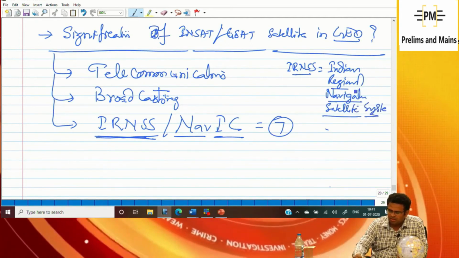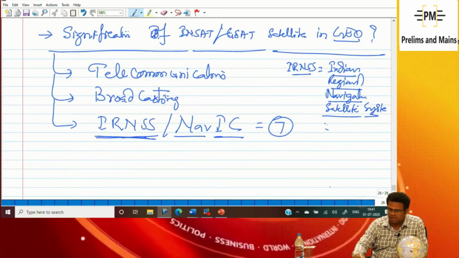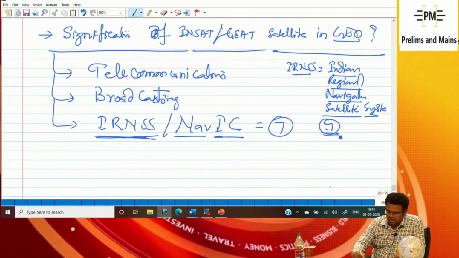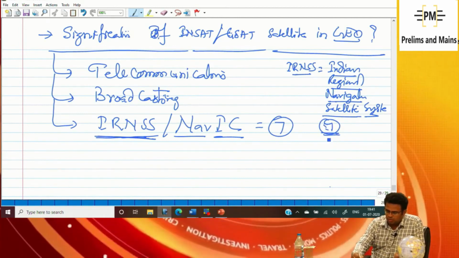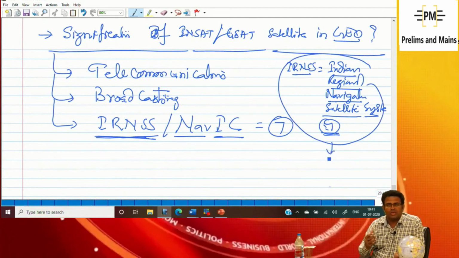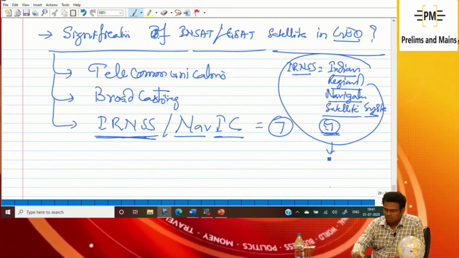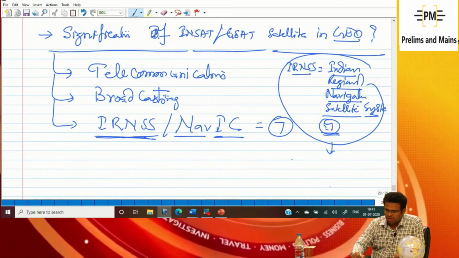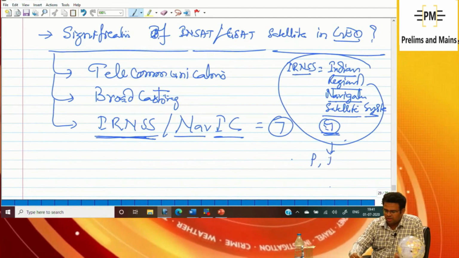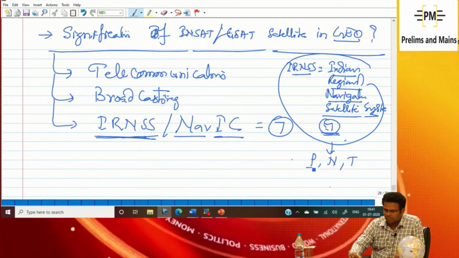There are 7 satellites we have to cover all of this, and together these 7 satellites are known as a constellation, a group of stars. This is because these 7 satellites are trying to find our position, our navigation, and at what time we are over here.